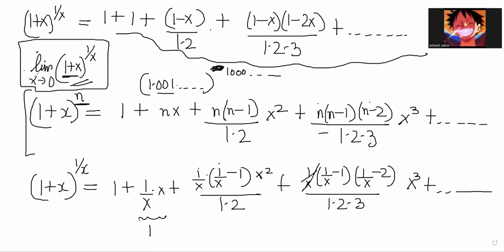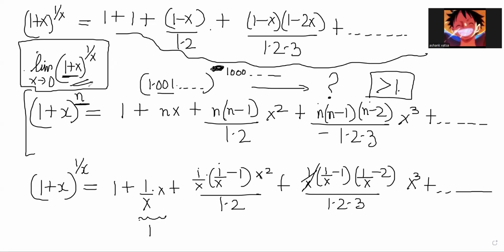That doesn't mean x is exactly equal to 0. It means x is close to 0, so it could be above 0. So that means 1 plus something small, but it is raised to a very high power. So this limit is right now unknown, but it is definitely bigger than 1, right?